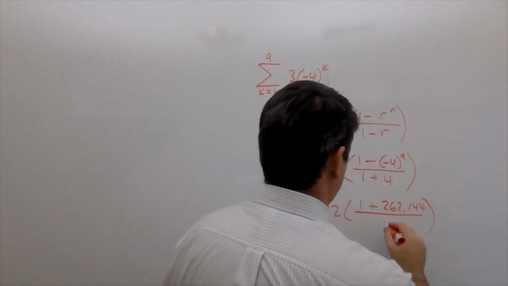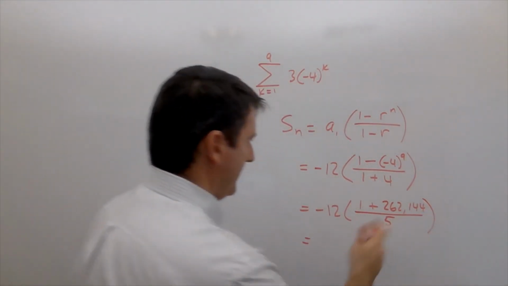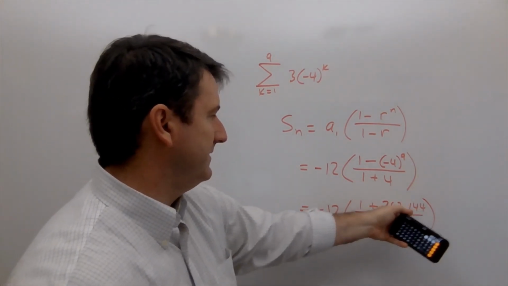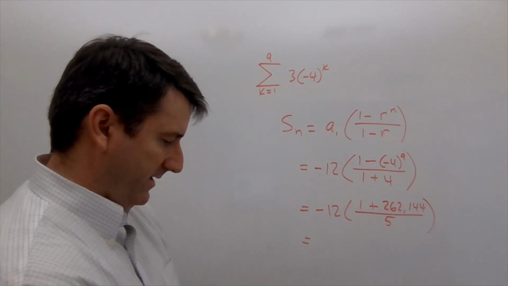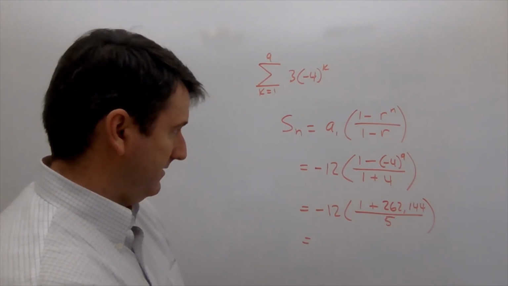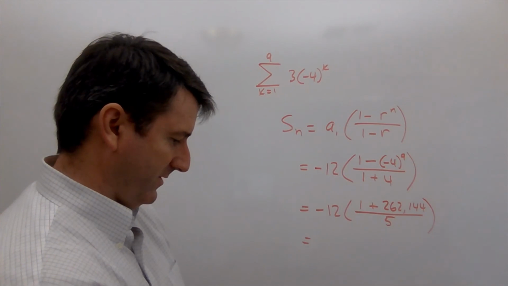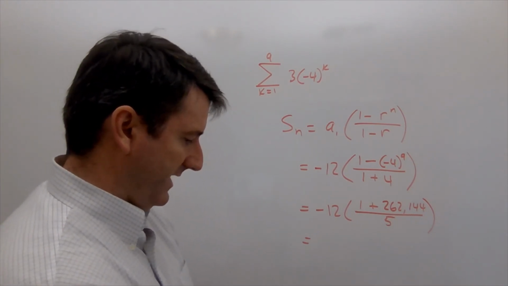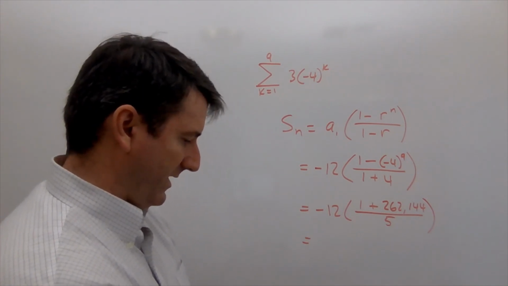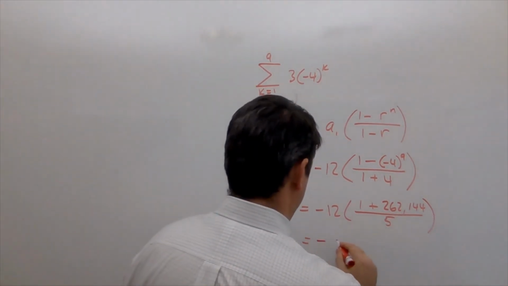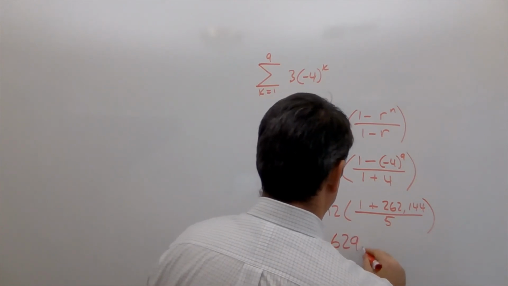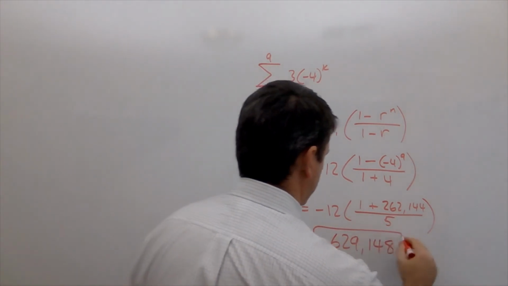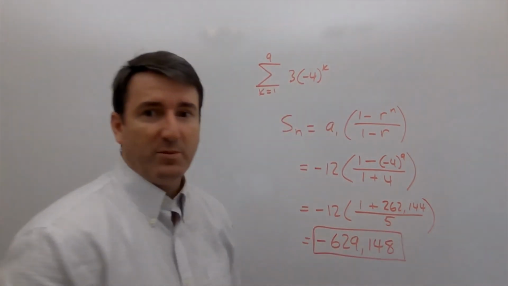So 1 minus -262,144 is 262,145, and 1 plus 4 is 5. So 262,145 divided by 5 and then multiplied by -12, we get that this is equal to -629,148. So that's going to be the answer for example number 2.